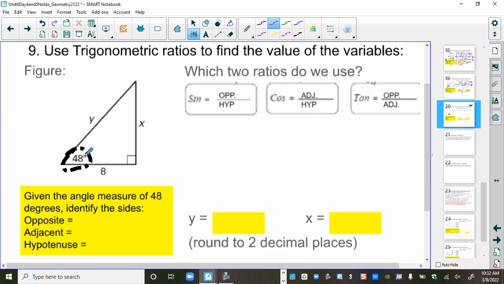So we have the 48. The hypotenuse is Y. Adjacent is 8. And then X is the opposite.